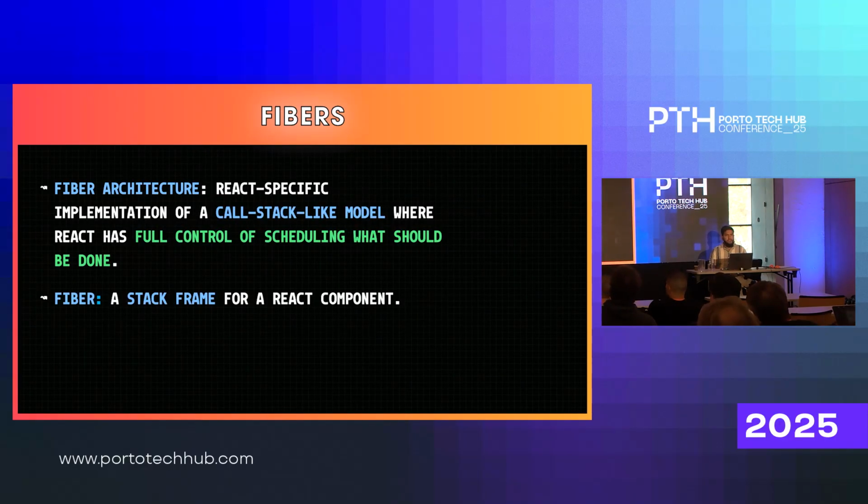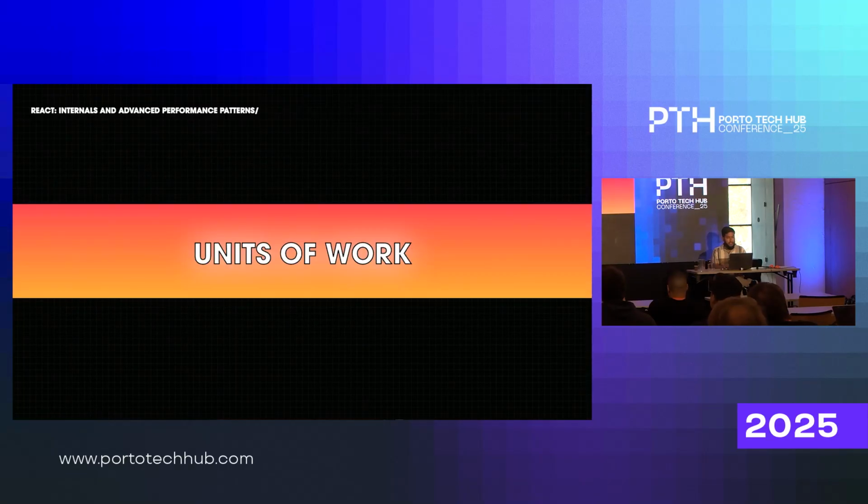And that's precisely what fibers are. There's this whole umbrella of the fiber architecture, which is a React-specific implementation of something that looks like a call stack, but for components and internal operations of React. This gives React full control of scheduling what should be done. And a fiber is something analogous to a stack frame for that specific component, for that specific unit.